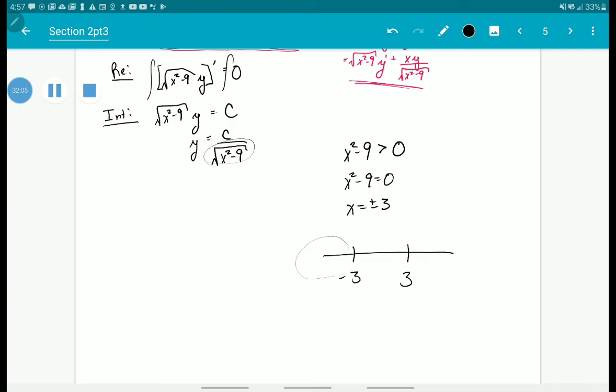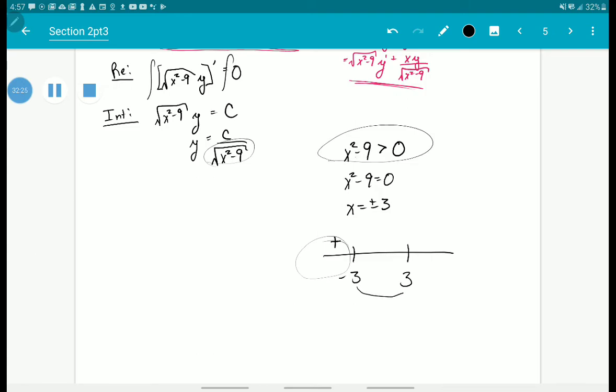Let's pick something to the left, and let's plug it in here. If we pick something to the left of negative 3, like negative 4, negative 4 quantity squared minus 9 gives us a positive.